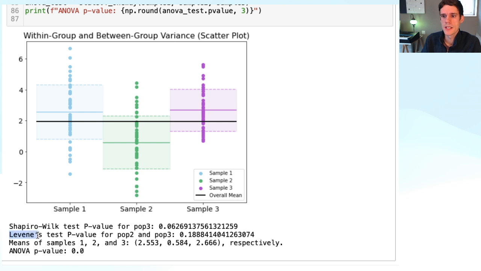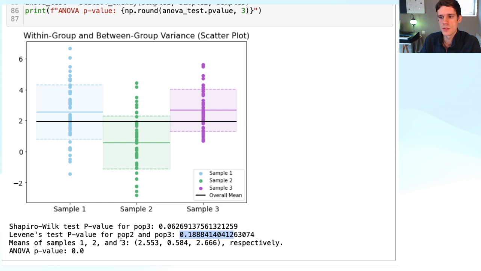Then to check the equal variance requirement between, on the one hand, our two normal populations, where we actually fix the standard deviation to be equal, and on the other hand, population 3, which was the Rayleigh distribution, we performed Levene's test on sample 2 and sample 3. And there we find indeed that we have a p-value that allows us to conclude that the underlying populations have a similar enough variance for this requirement to be fulfilled.